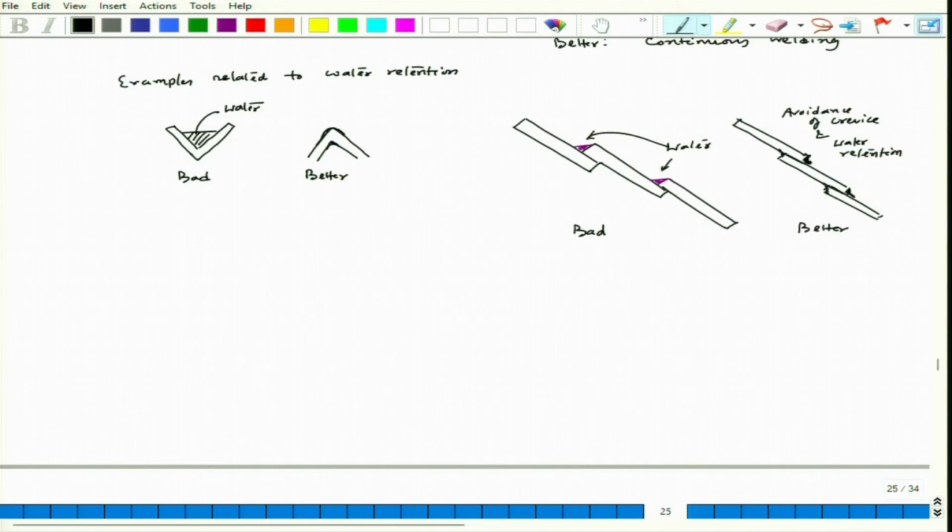Then there could be a possibility of water retention in a pipeline system. Let us say the pipeline system is bent like this, there is a downward slope, but there could be a bend like this. Let us say water is coming. During maintenance, there could be a possibility of water retention around this part.